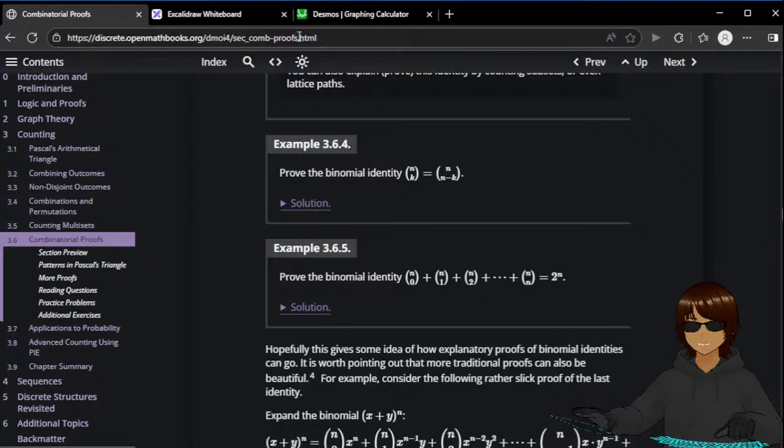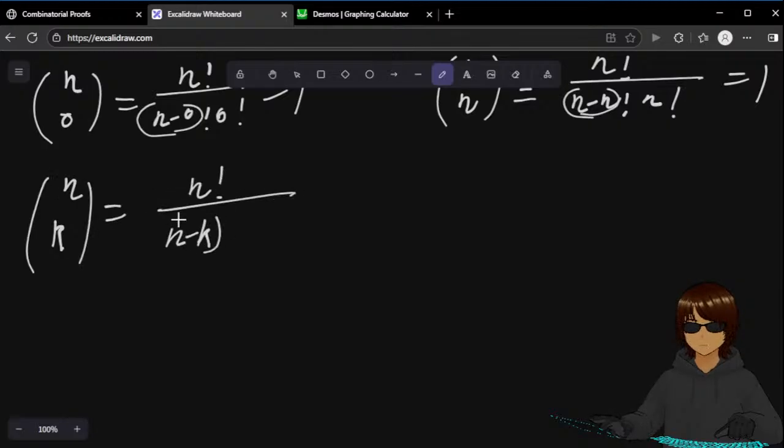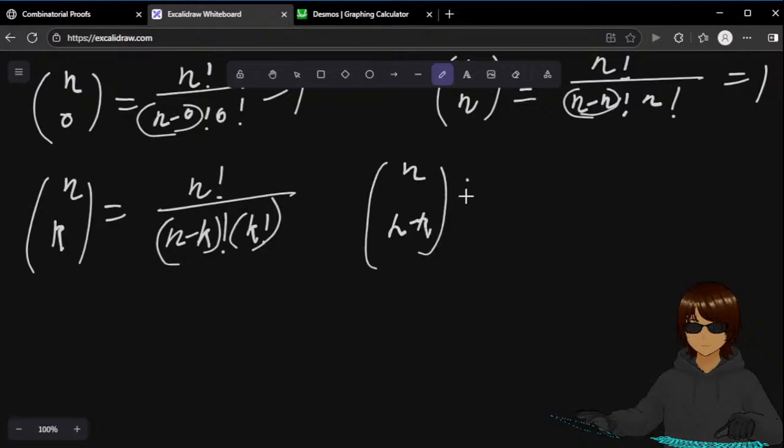Prove the binomial identity. If we replace k with n minus k, then we have n minus k factorial.